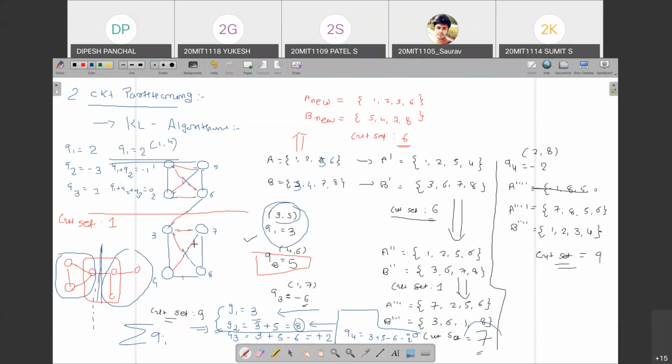But in an example like this, where the circuit is a little bit complex, with 1, 2, 3, 4, 5, 6, 7, 8 number of gates, it is still applicable. So you can take the cumulative addition of the gain and stop where gain is maximum. Sivan did this up to 6. We got the cut set of 6 by this logic of finding the maximum, but this cumulative addition you also have to apply.